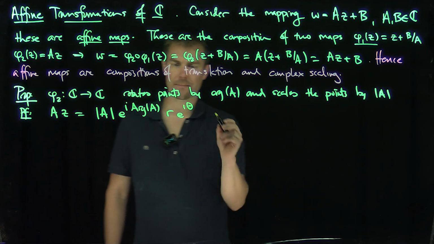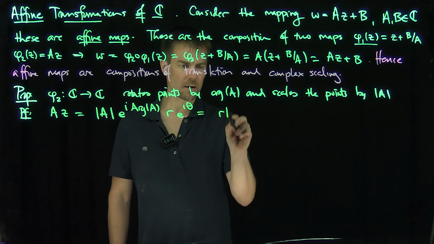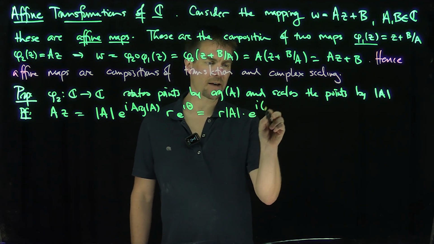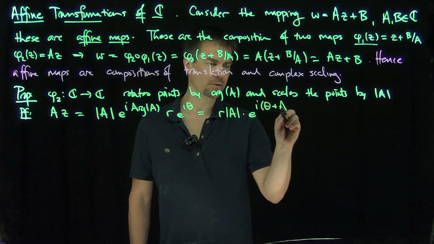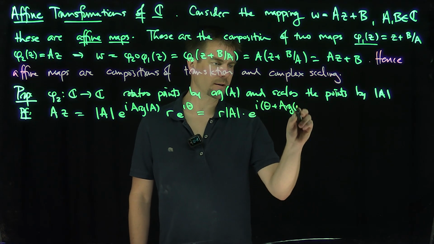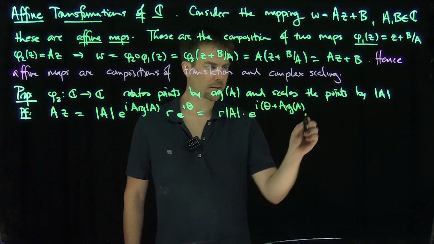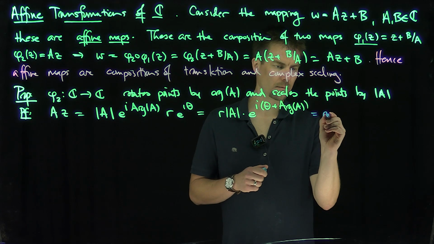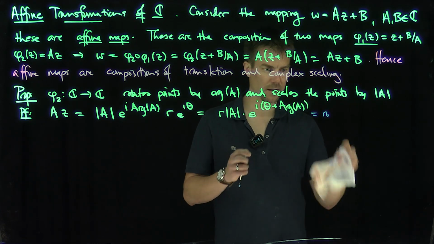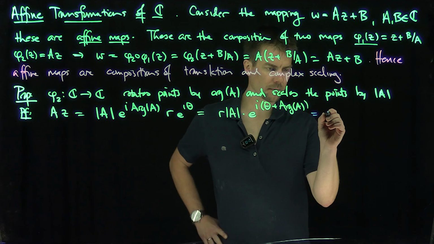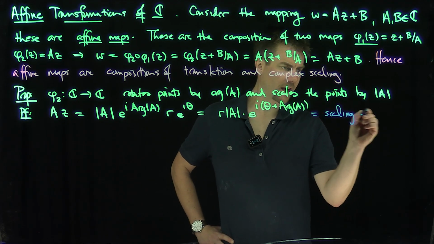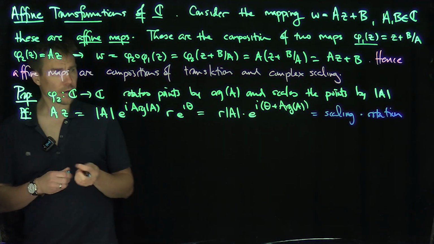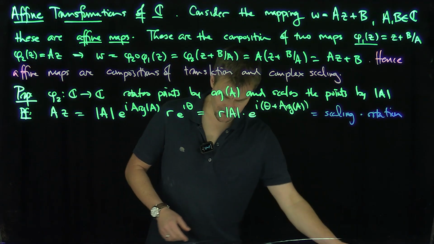This is R times modulus of A, so you're scaling the modulus by A, and then you have e to the I times theta plus argument of A. This is a rotation, and that's a scaling. So it's a scaling times a rotation, two operations in a row.